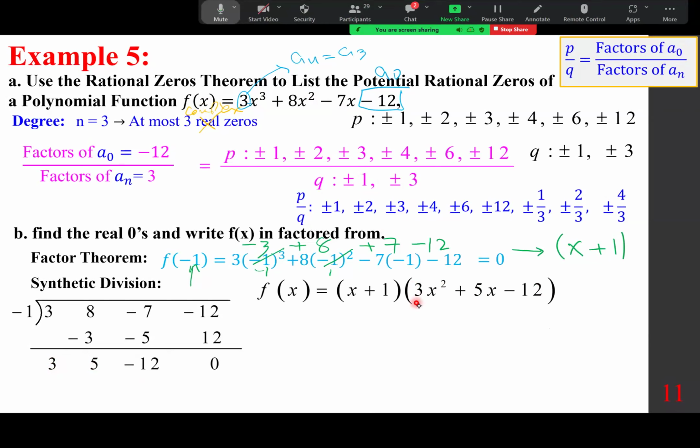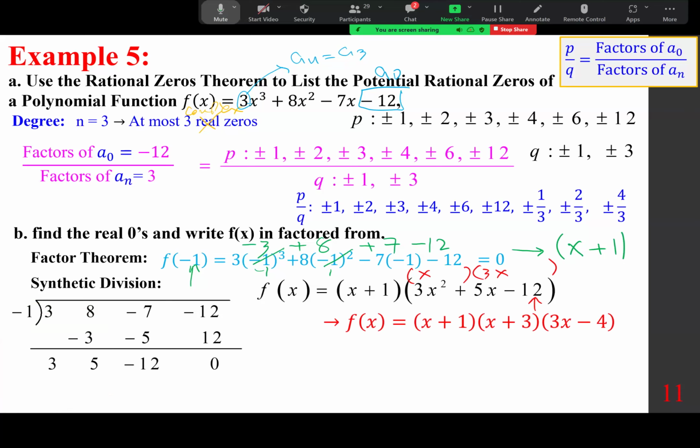Because 3 is a prime number, it makes it easy. You have to go with x and 3x, right? And then 12 negative. You go with 1 and 12, one of them negative. 2 and 6, one of them negative. 3 and 4, one of them negative. So trial and error gives you that.